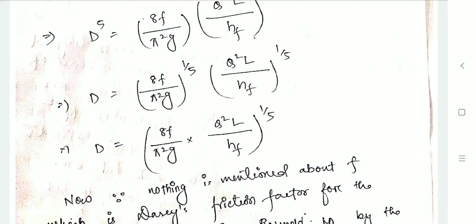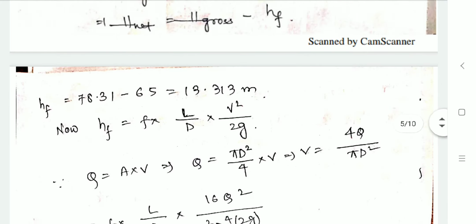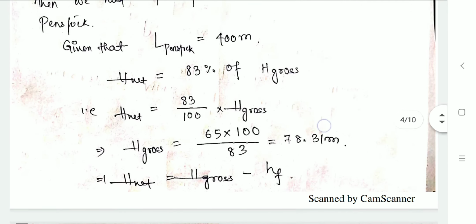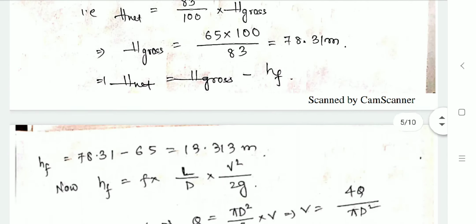So here in this expression we know all the terms. Q, the length of the penstock is given, the head loss we calculated here, then the volume flow rate we calculated previously, which is 90.38 meter cube per second.